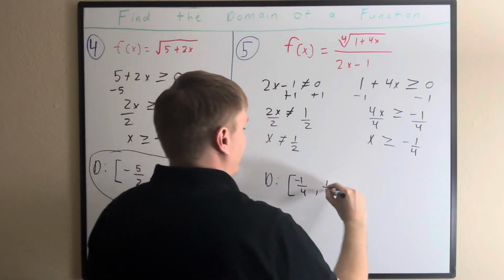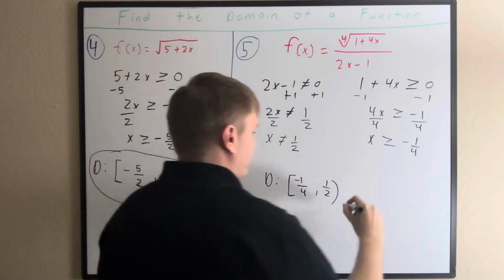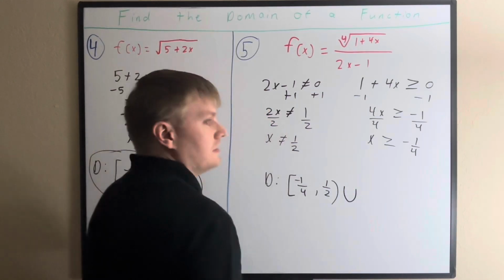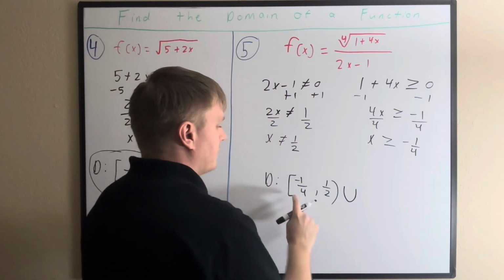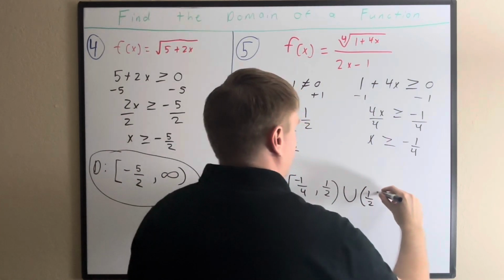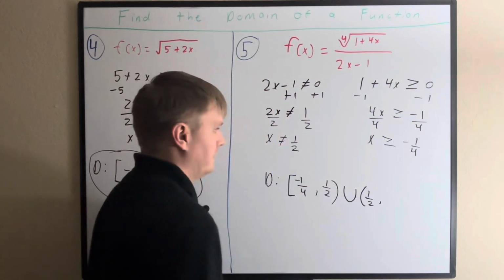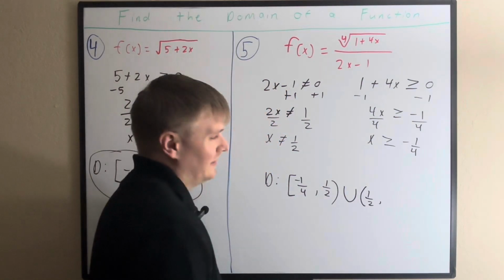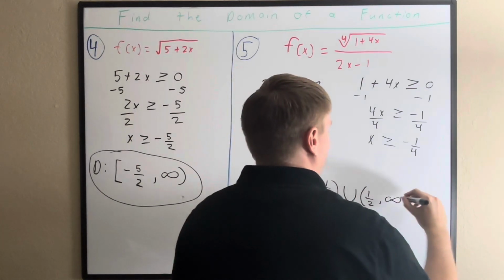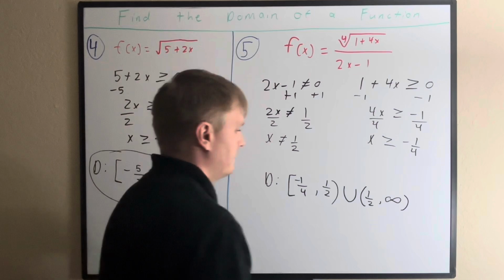So it goes all the way to 1/2 and stops, skips over 1/2. And then there's that union sign again, the or. Still skipping over 1/2. So we don't want to include that for some reason. Poor 1/2 gets left out. And then we keep going on to positive infinity because x is greater than or equal to negative 1/4.